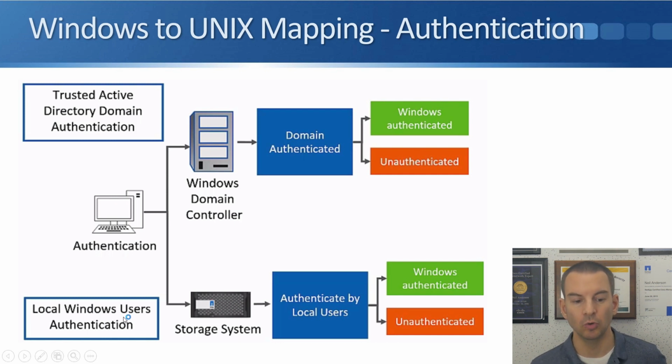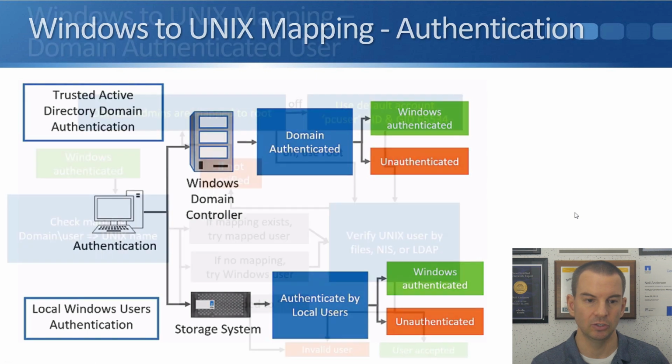And obviously, if it's the local Windows user accounts, the authentication is going to be the same. They either enter a valid username and password or they don't, but here they're being authenticated by the ONTAP system itself. So at the end of that, we're either going to have a Windows authenticated or an unauthenticated user.